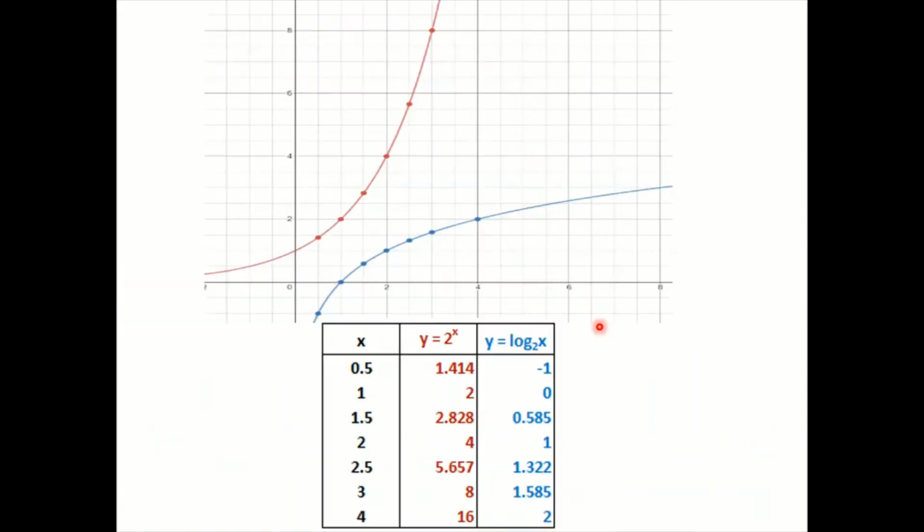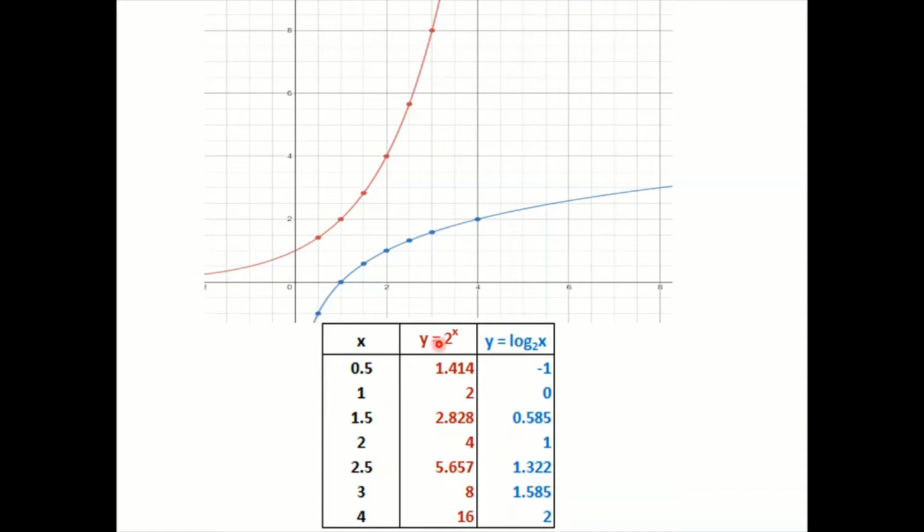On this slide, we illustrate the graphs of the two functions that we looked at on the previous slide. And here we have the exponential function and the inverse in the logarithmic form. And for various values of x, we have calculated the y value for each function.